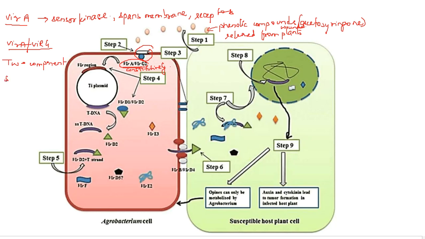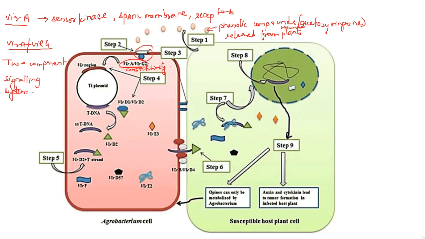Anywhere else? Please recall. Those who can recall and those who cannot, please read about two component signaling system, and write the answer in the comment box.